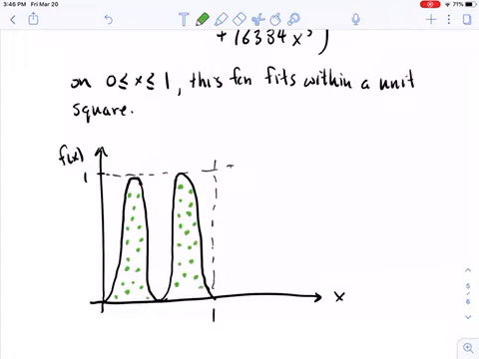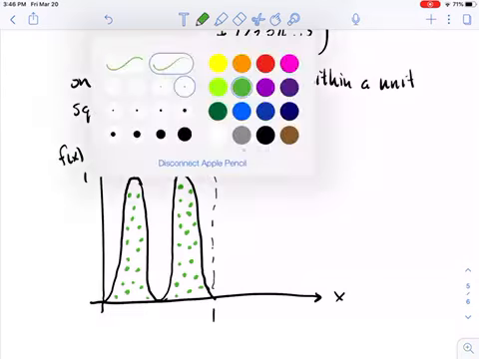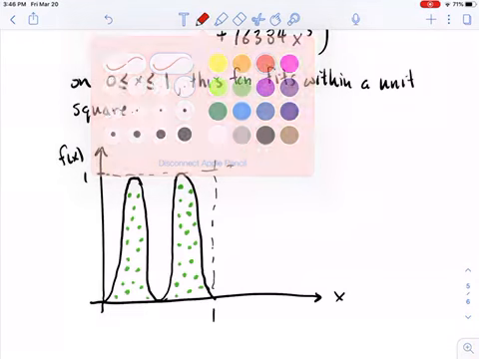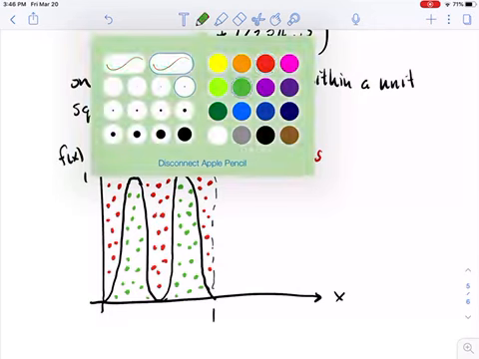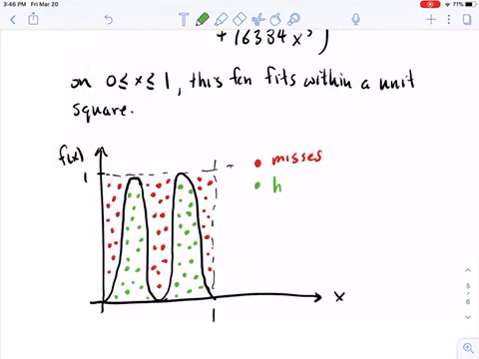And it's just like the case of pi, we're going to say that the probability of a dot landing under the curve is the area under the curve divided by the total area of the square. And so the misses are going to be these red dots, and these are hits.